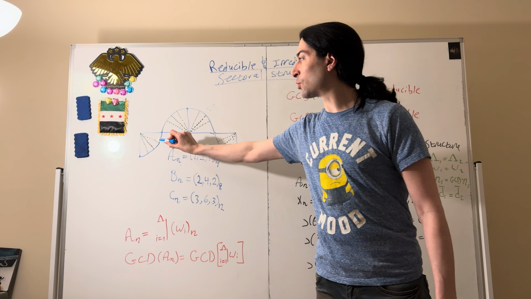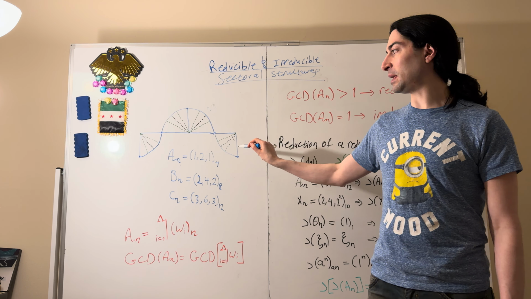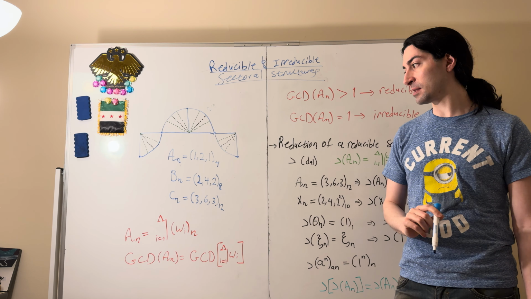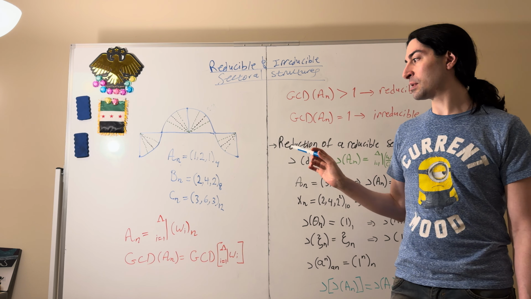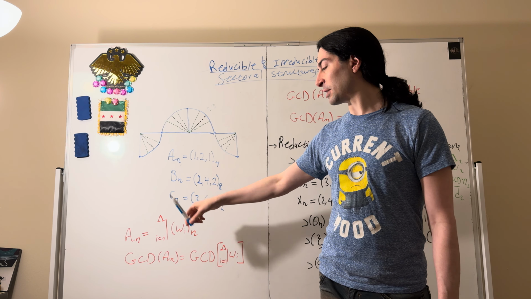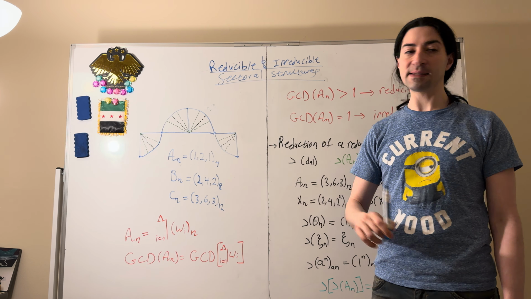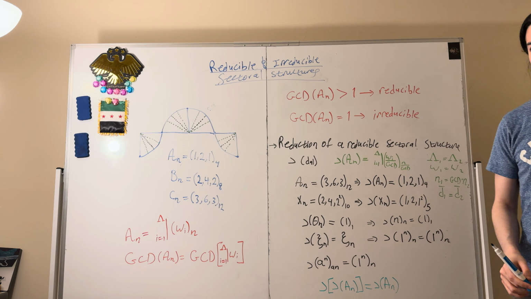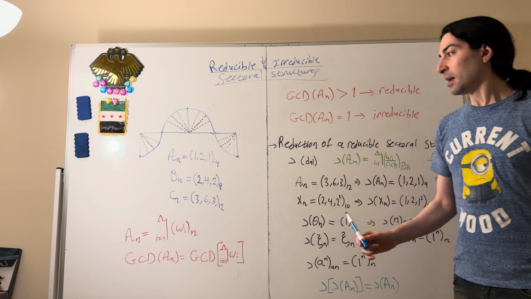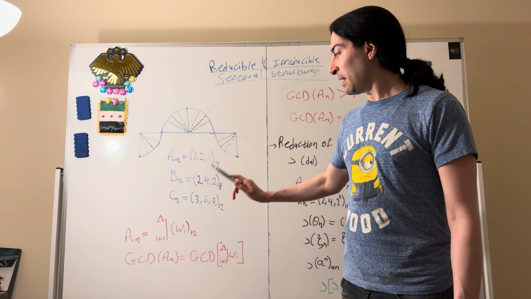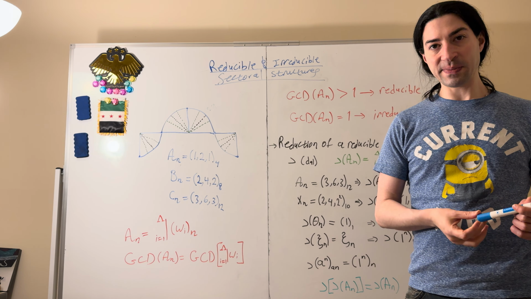Now if we look at the green dotted lines, we divided each sector into 3 parts, or 3 sectors. So this gives us the sectoral structure C_N equals 3, 6, 3, subscript 12. So we have these 3 sectoral structures.